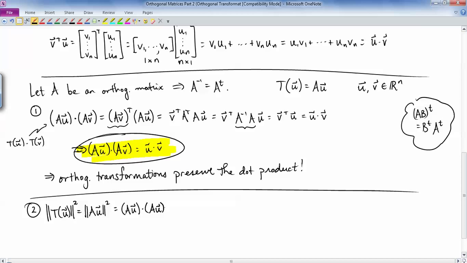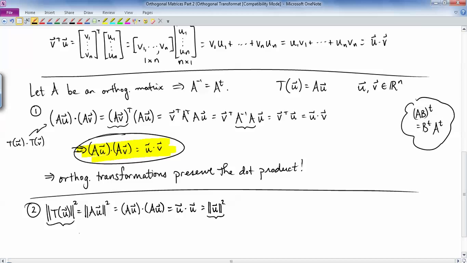And I now know from part 1 that AU dot AV is the same as U dot V. So this is really the same thing as U dot U. And that's really the same thing as the magnitude of U squared. So now I've got that this squared equals this squared. They're both positive values squared because they're magnitudes.